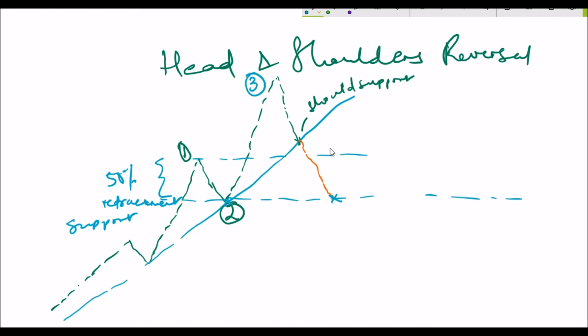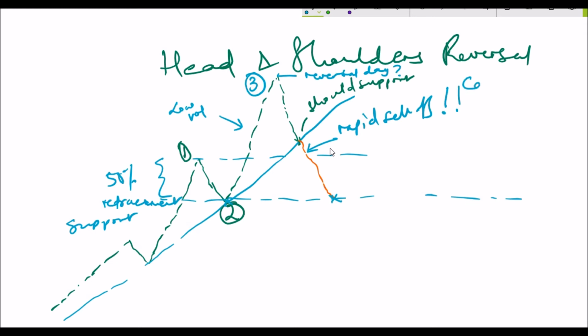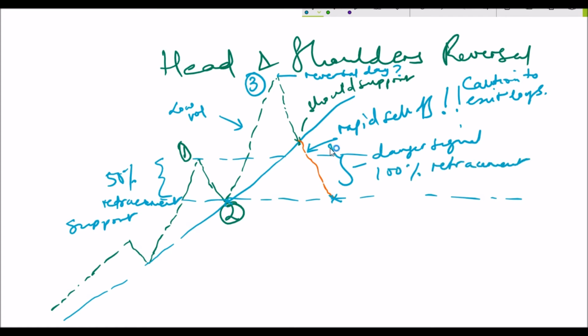Now this 100% retracement forms the head of the head and shoulder pattern. The line drawn from 2 to 4 forms the neckline.